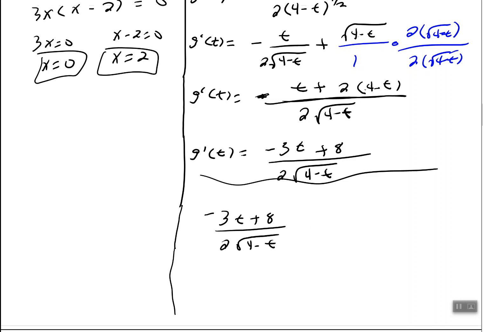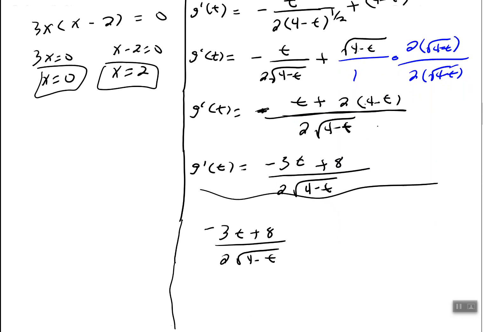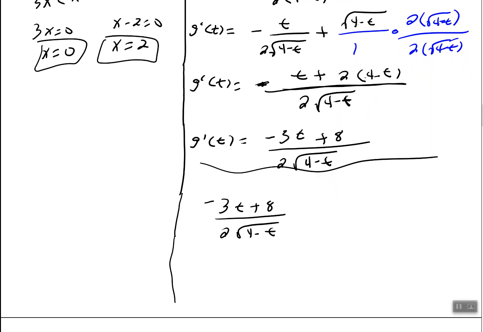And now you see why it says t has to be less than 3, sorry. If t is greater than 3, then we would have a denominator of 0.